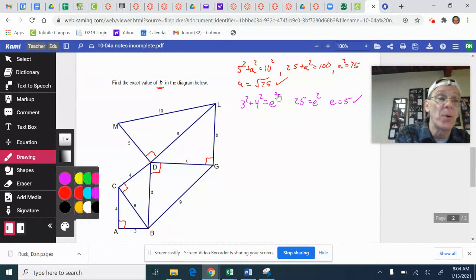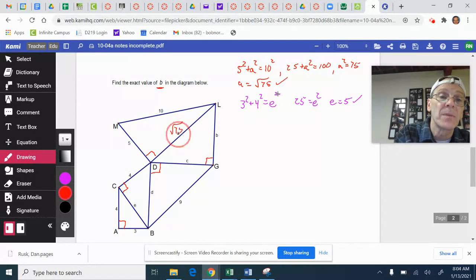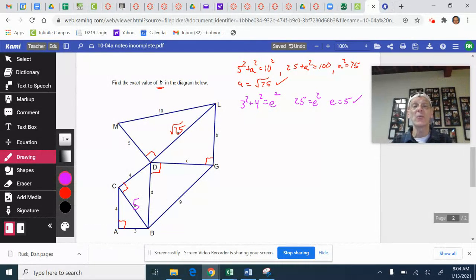Right? So if we put that square root of 75 right here, and if we put that 5 right here, then you may realize that there is another variable that we can now find.